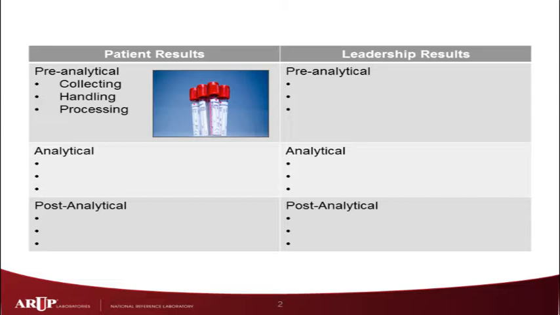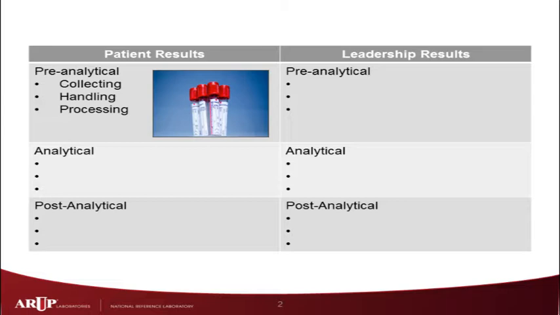The 3 steps, and there could be more detailed, this is fairly brief, but we collect, handle, and process patient specimens. More specifically, phlebotomists verify that they have the correct patient before they even draw the specimens. They verify they have the correct collection tubes, and they have the patient verify that the labels placed on the specimens have the correct patient information.